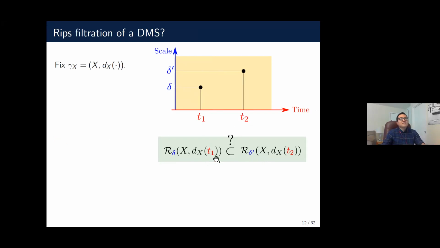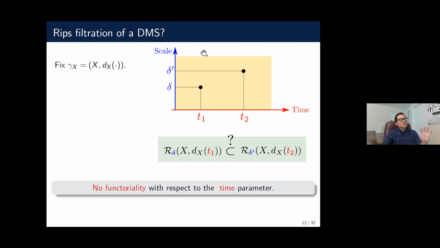Then, because we have different metrics at different times, we do not necessarily have this containment relationship, right? What we know is that whenever we fix time, as the scale parameter grows, we have larger and larger simplicial complexes. Therefore, using this parameter space, we do not obtain functoriality with respect to the time parameter.